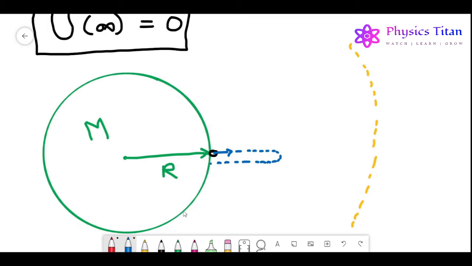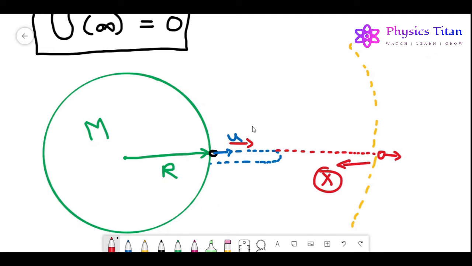But does there exist a speed, let us say u, with which if this object is thrown, it will keep on going and going till it reaches infinity, and either it goes further straight away from the planet, or it will just stay over there, but it will not return back to the surface of this planet?